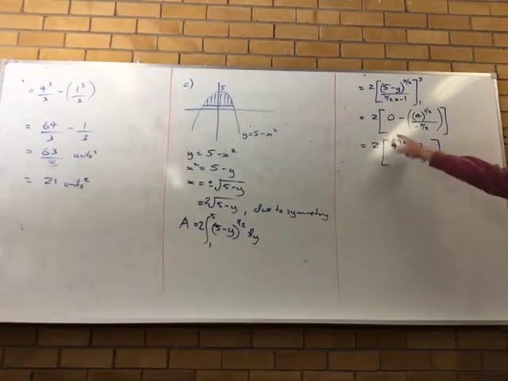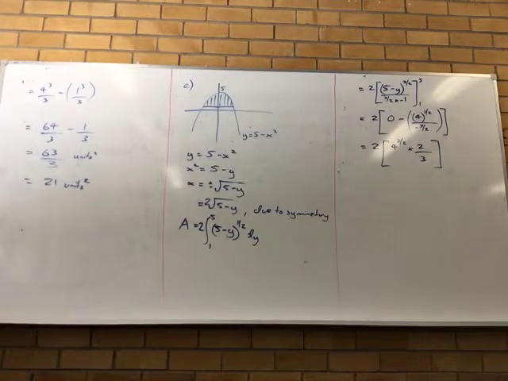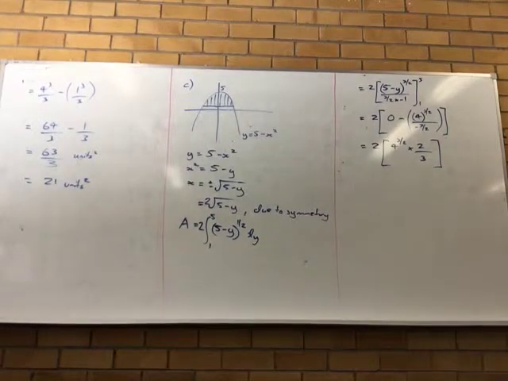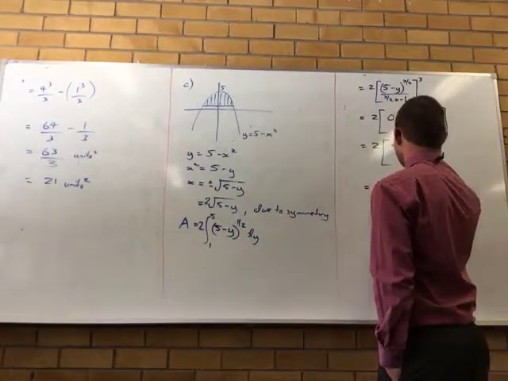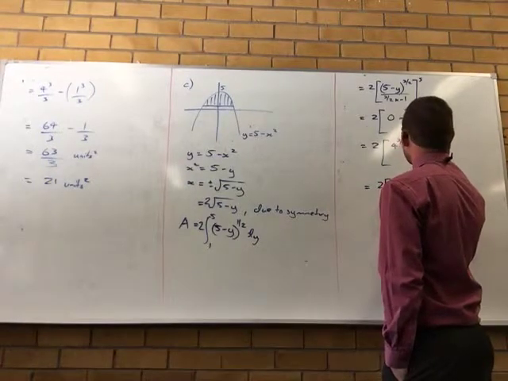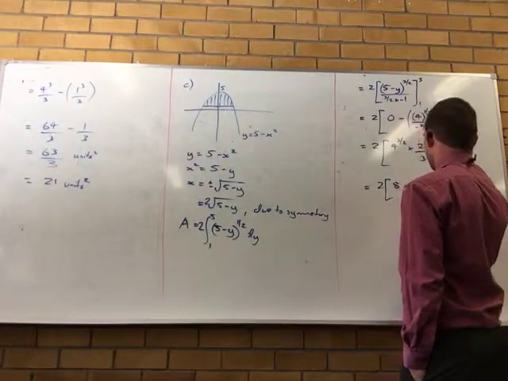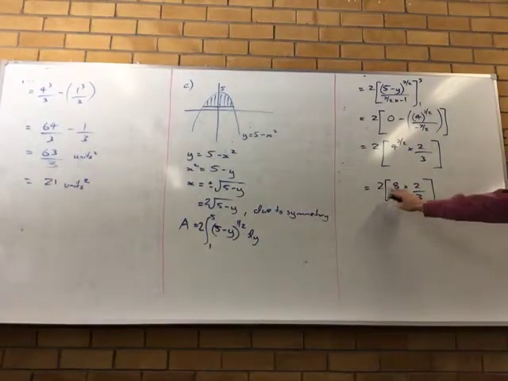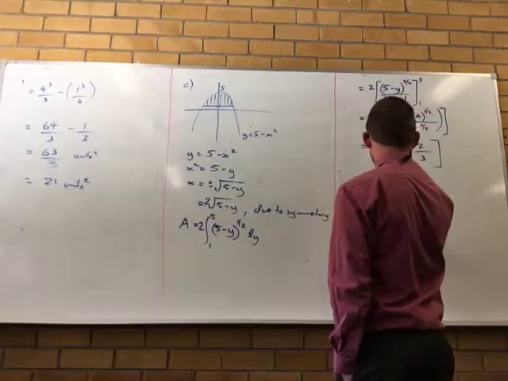What is 4 cubed? 64, square root of 64 is 8. Alright, 2 lots of square root of 64, which is 8, times 2 over 3. So 8 times 2 times 2 is 32 over 3.